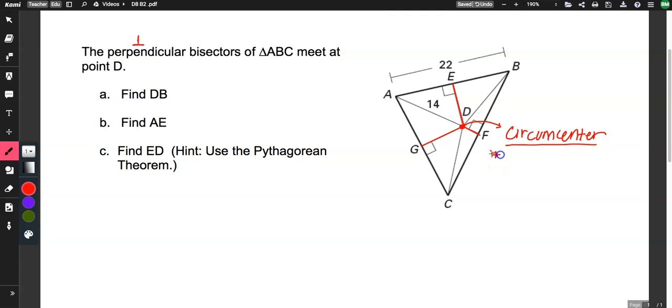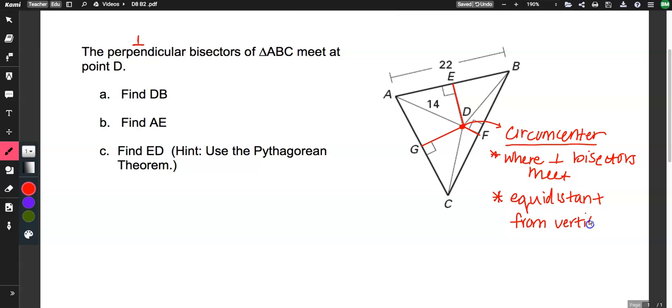And that would be where the perpendicular bisectors meet. And that point is equidistant from the vertices.